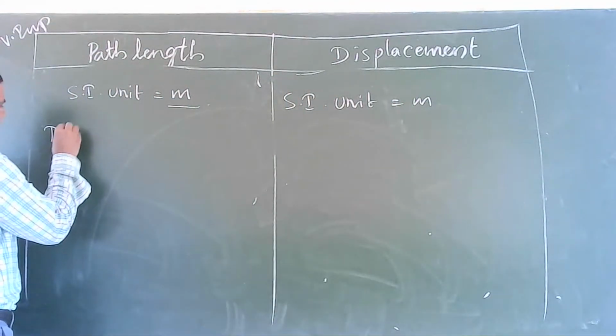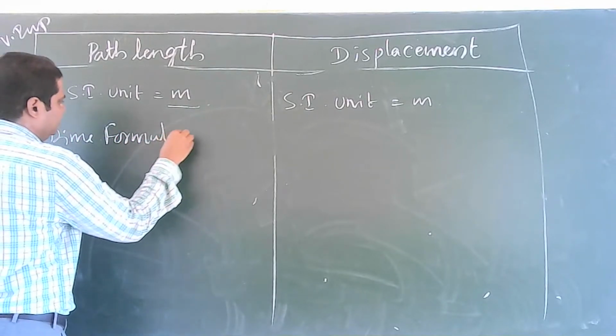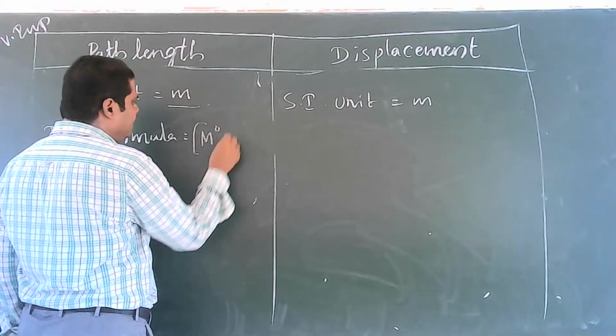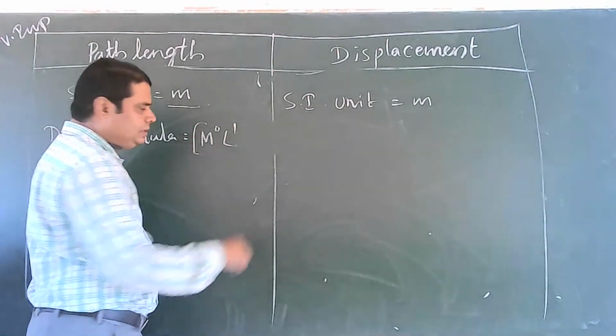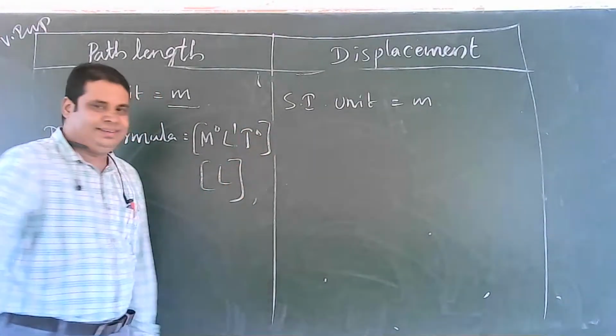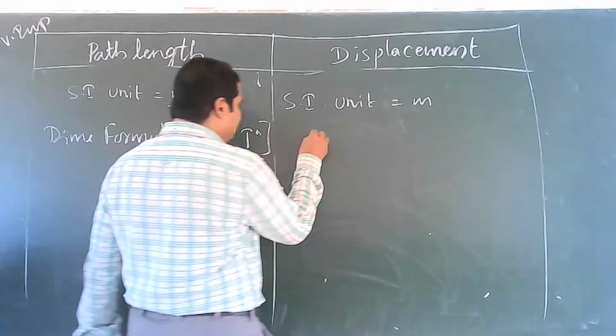What is the dimension formula? See, there is no mass, 1 in length, no time, simply L is your dimension formula, length.